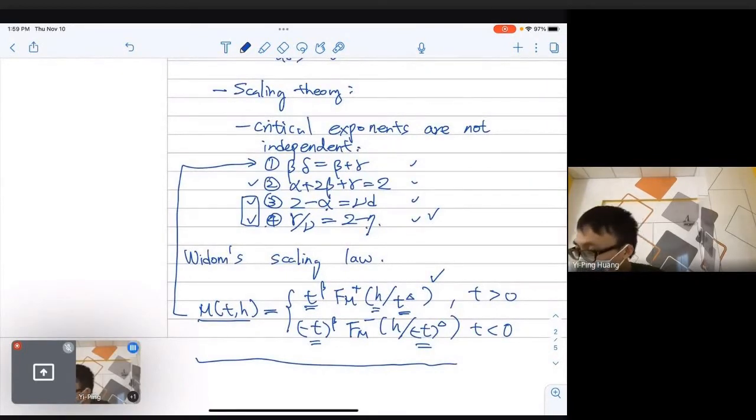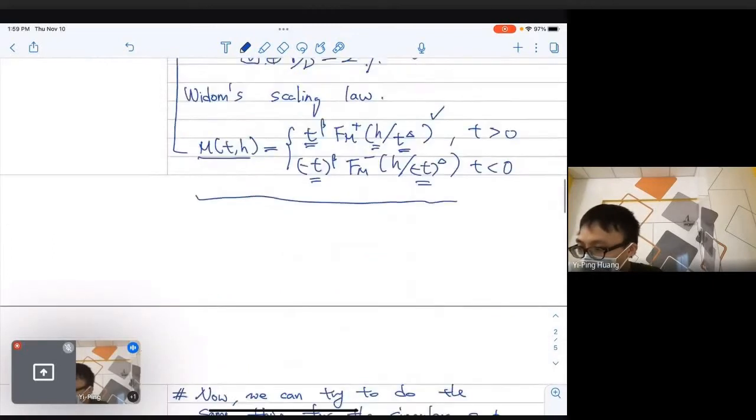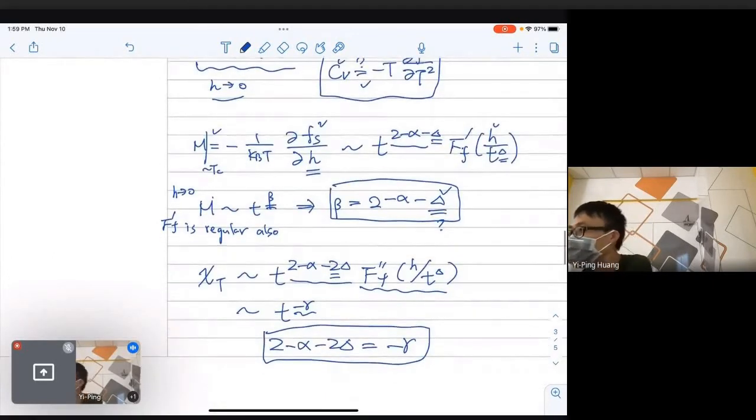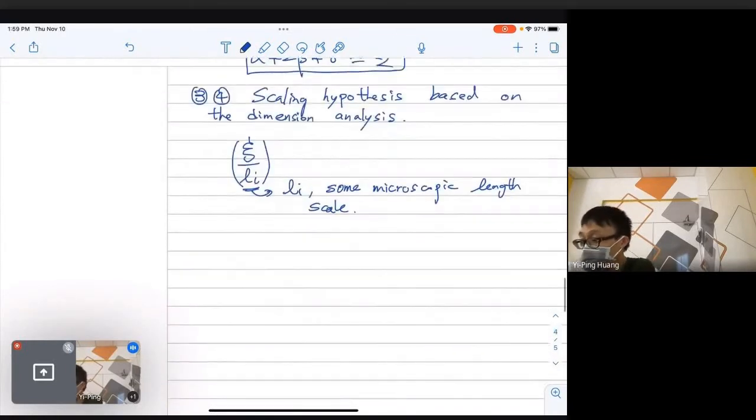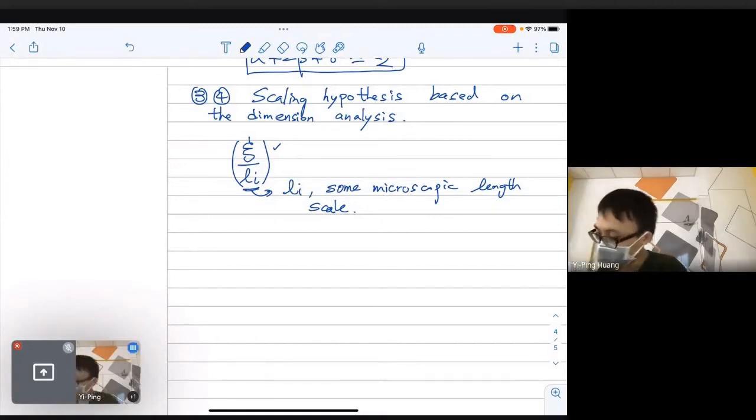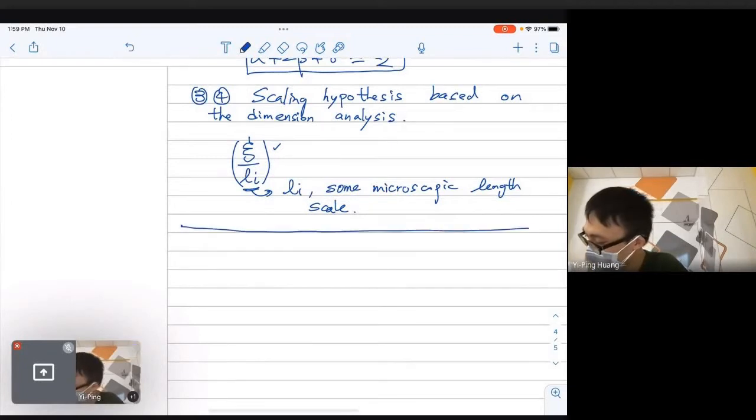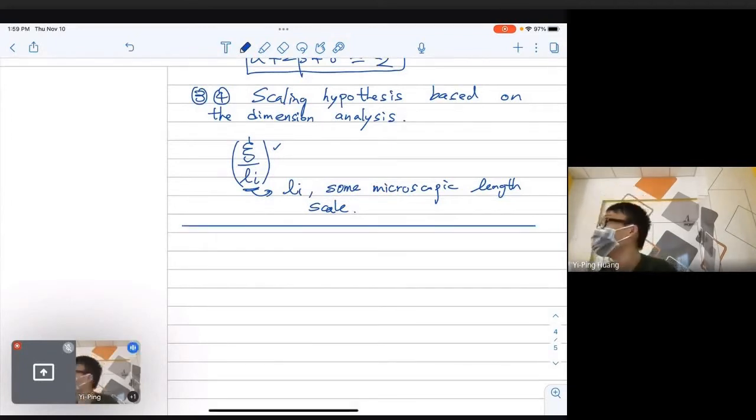I'm not going to do that here because in principle it should be relatively straightforward. Another reason is that this is a guessing process, so it is not guaranteed to work. But the point is that there's a way to construct the relation between these critical exponents. I'm trying to speed up and avoid the trial-and-error process to get equations 3 and 4.